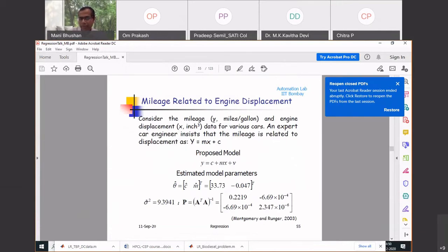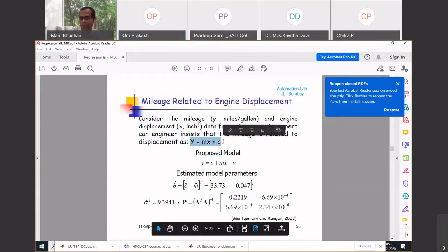Mileage is given in miles per gallon, and the engine displacement in cubic inches for various cars. We want to see y as a function of x, where x is displacement and y is mileage. So a simple regression model, y equals mx plus c. I will now show you the data we have for this.